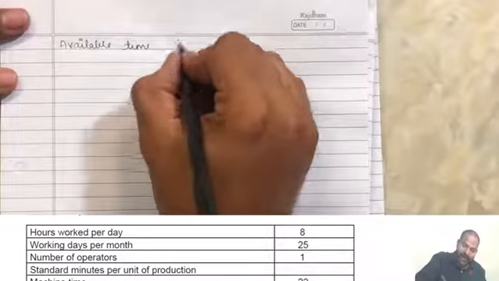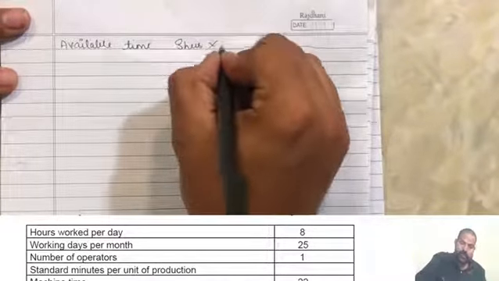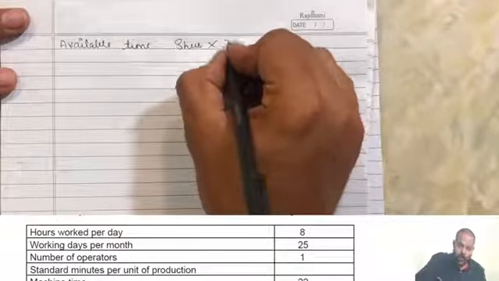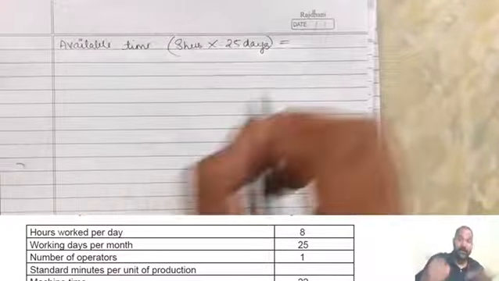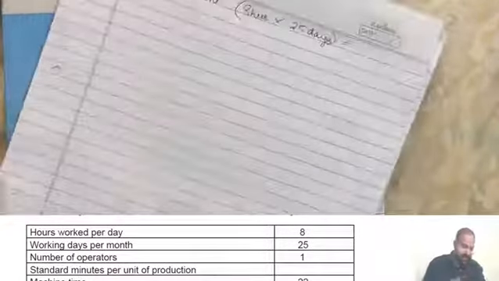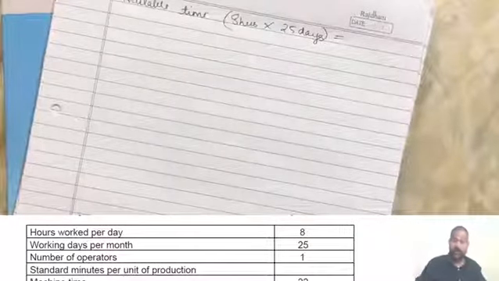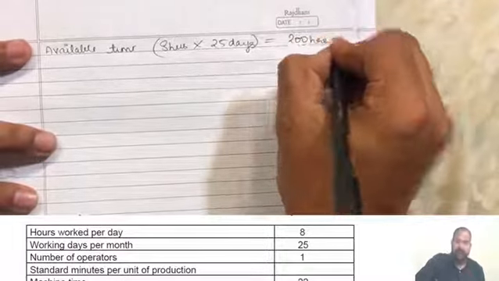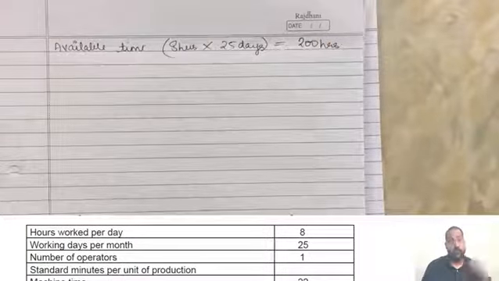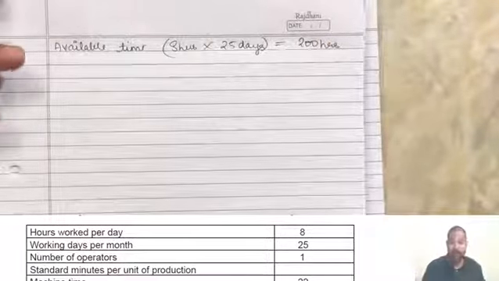Available time is 8 hours into 25 days, which is 25 into 8, a total of 200 hours. So I have 200 hours available for production.